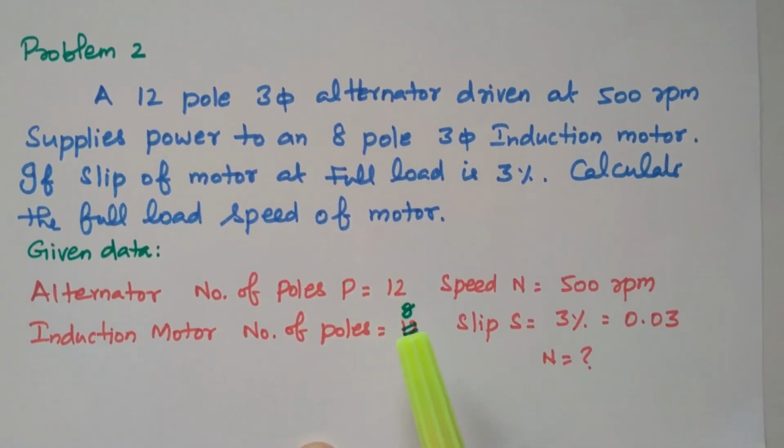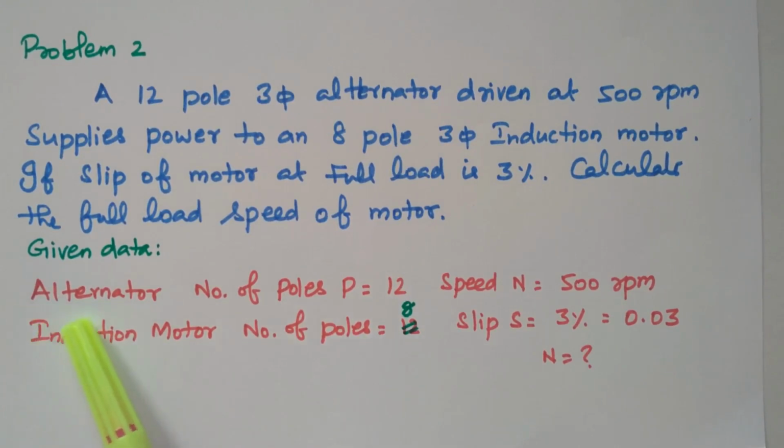Now we will analyze the data. For the alternator, the number of poles is 12, speed is 500 rpm. For the induction motor, the number of poles is 8, the slip is 3%. 3% means 0.03. We need to find the speed of the motor.